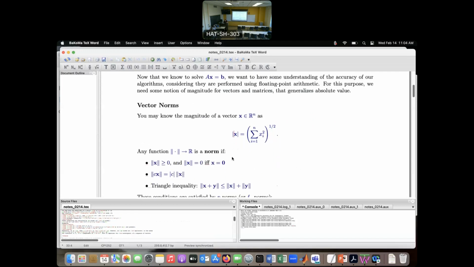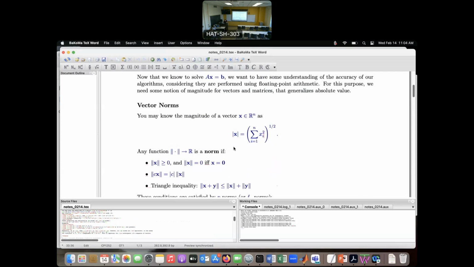We're going to use a double bar to indicate magnitude or norm of a vector or matrix. Now, it's a concept that's quite consistent with absolute value, but just to make clear that it's not just absolute value.